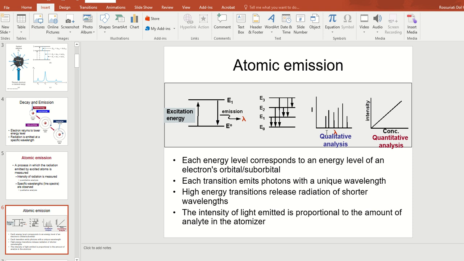They have put this information in the database. So using the database, when we analyze the sample, we can get an idea, based on the wavelength value, of what element it represents.